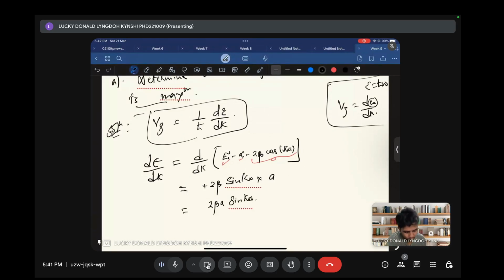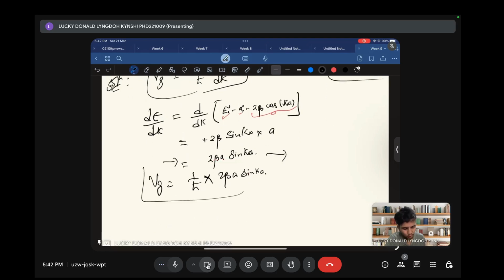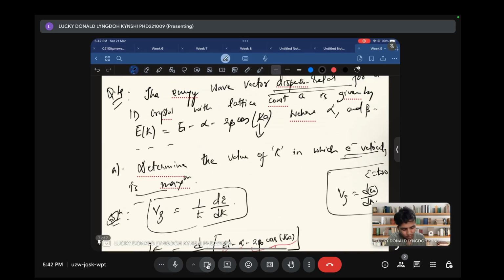Now Vg is equal to 1 by h cross into 2 beta a sine ka, because dE by dk is 2 beta a sine ka. If you multiply with 1 by h cross, you will get what is known as the group velocity. Now the question is to determine the value of k for which the electron velocity is maximum.